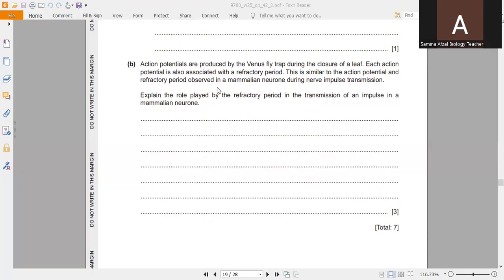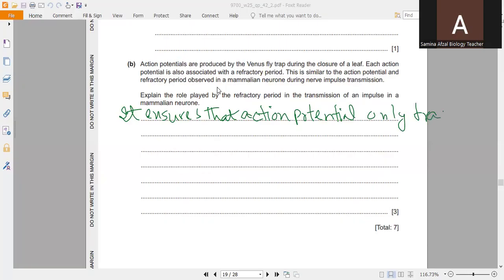The first, it ensures that action potentials only travel in one direction.